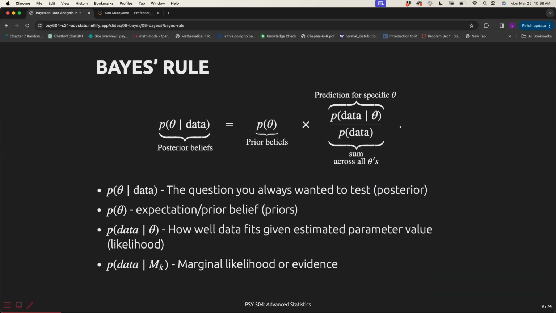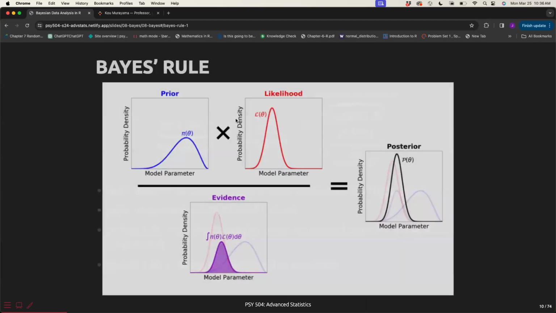So I'm not going to spend time talking about the components of Bayes' rule. But what I wanted to do is show an alternative depiction of Bayes' rule in terms of distributions, right? So the parameter values are essentially distributions of likely values.